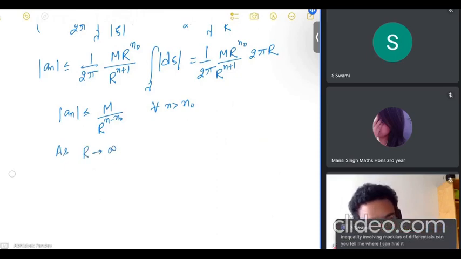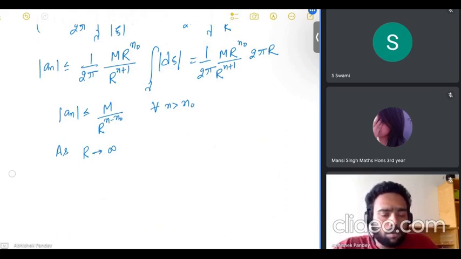Okay, inequality involving modulus of differences, can you tell me where I can find it?